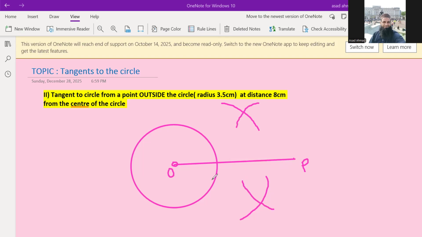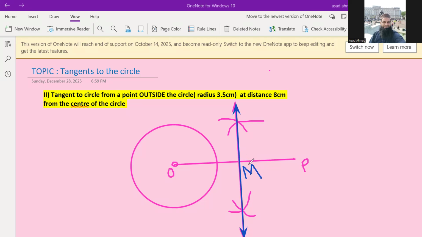So we need to make the perpendicular bisector of OP. You can label the midpoint as M, which is the midpoint of OP as a result of the perpendicular bisector.